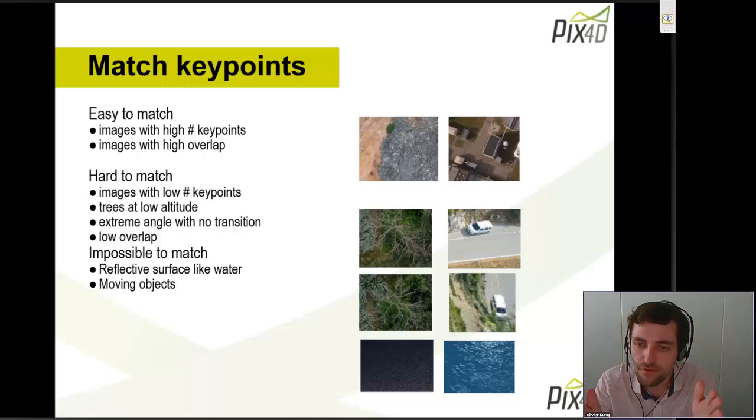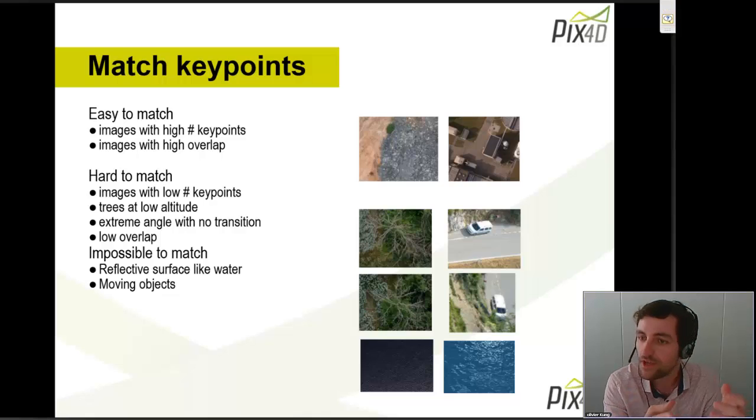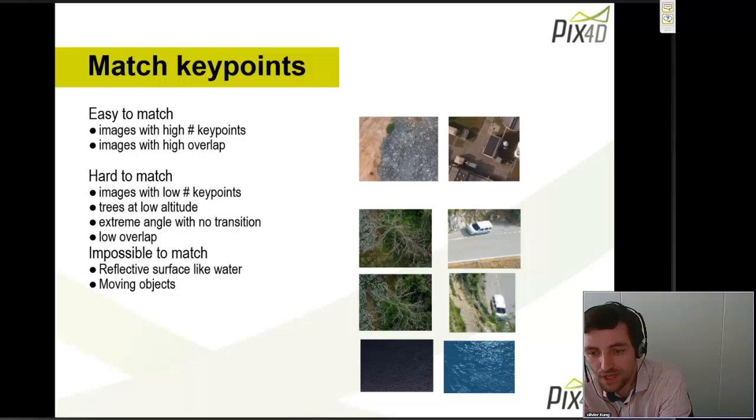Now, if you remember, in one of the first slides I showed, it was about extracting key points, but then it was about matching key points. And there are some scenarios in which you can extract a lot of key points, but which are then very difficult to match. And if they are very difficult to match, then you still will not get many tie points at the end and not many validated matching points.